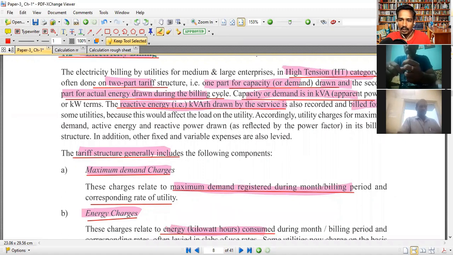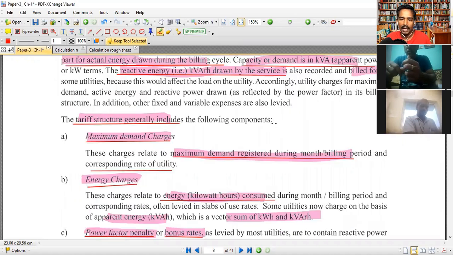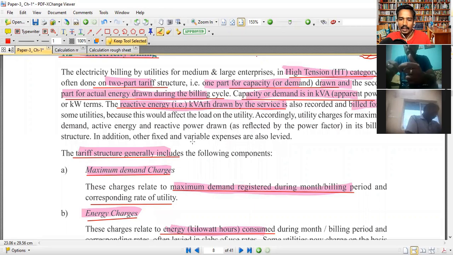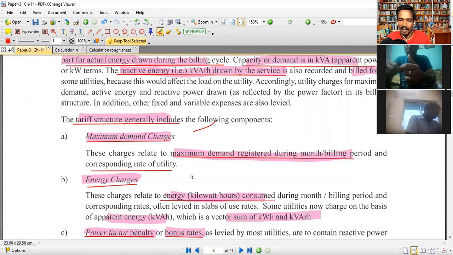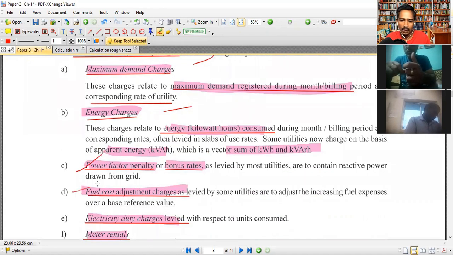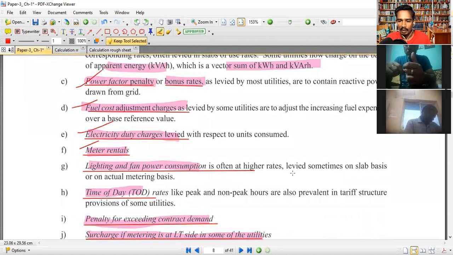And one more, this is a very important 1 mark. For the HT line, what tariff system are they using? Then you have to write kVA maximum demand and kilowatt actual energy generated. And the tariff structure, what are the tariffs? They are using maximum demand charges, energy charges, maximum demand kVA, kilowatt hour, and power factor penalty, and bonus rate, and fuel cost adjustment, electrical duty charges, and meter rental, lighting and power consumption.